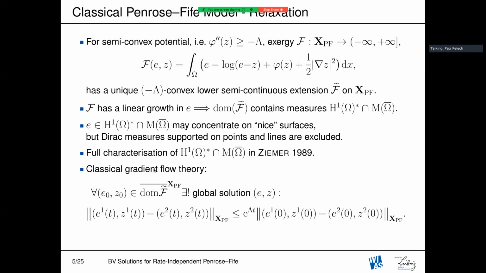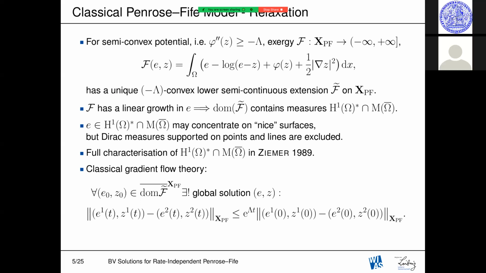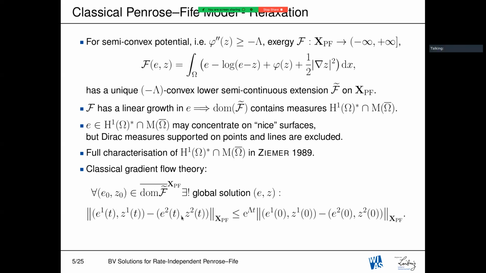But luckily, just for the existence theory of this classical Penrose-Fife model, classical because it doesn't contain the activation of the phase transformation, we don't need the full characterization. It's enough to have some abstract functional, and then the existence follows. There is exactly one global solution, and it depends continuously on initial data.